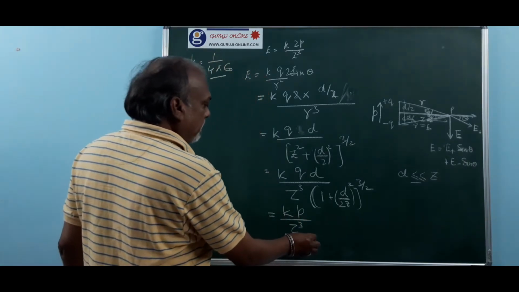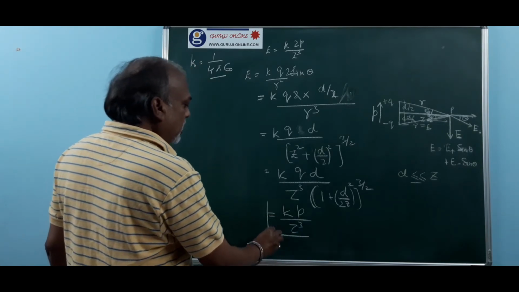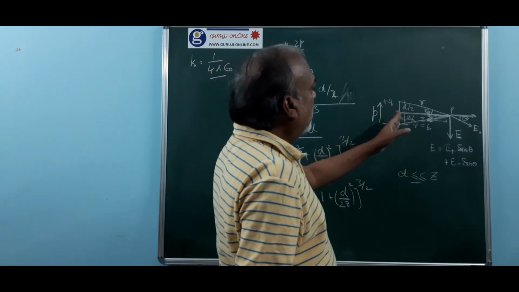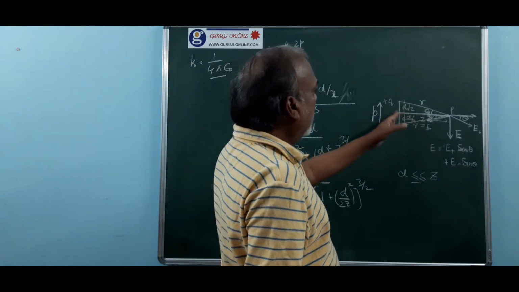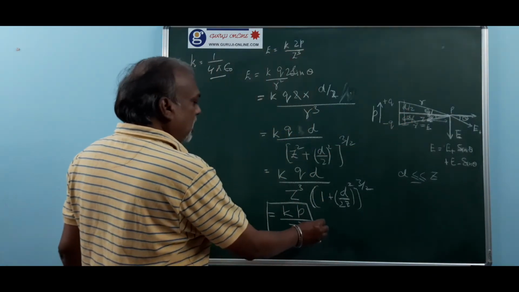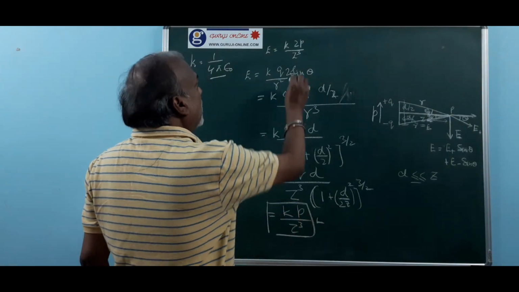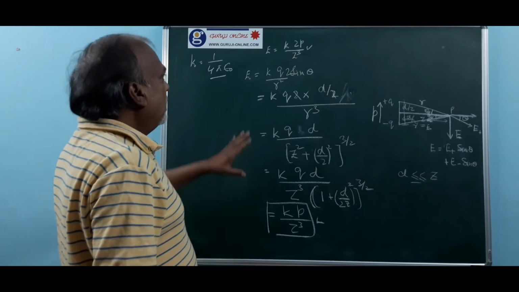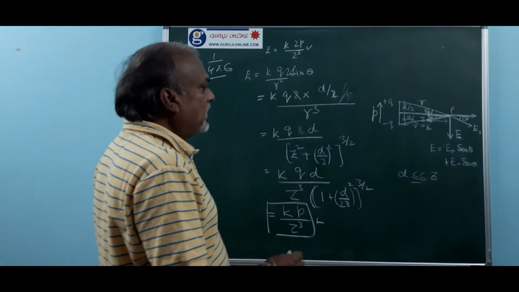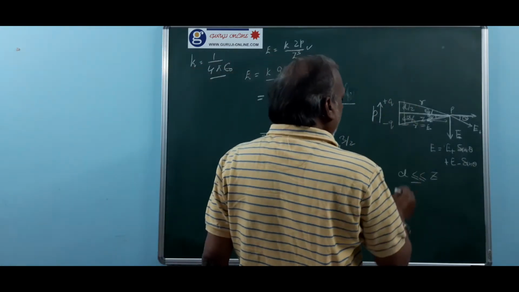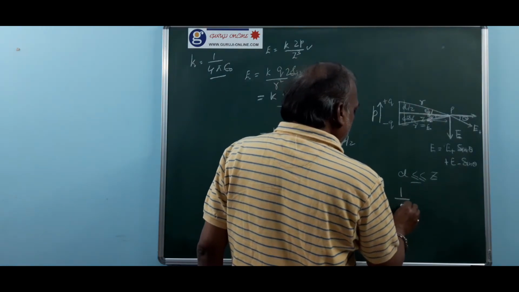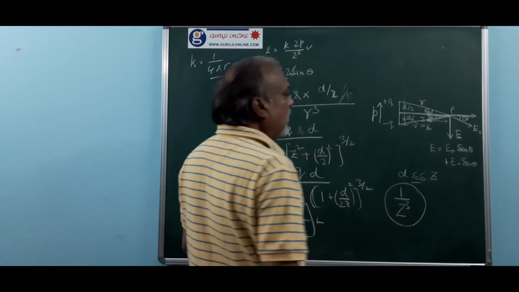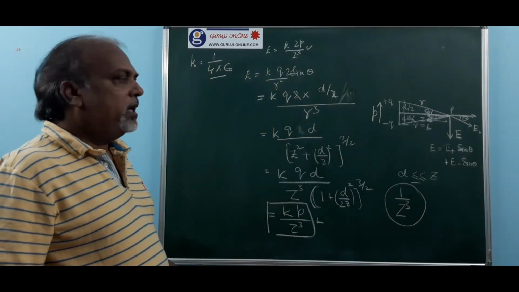So you see, if you are finding out the electric field on the perpendicular to this axis, then it is this, and along the axis it is this, means it is just double of this. And with this you can say that electric field basically varies in terms of 1 by z square distance.